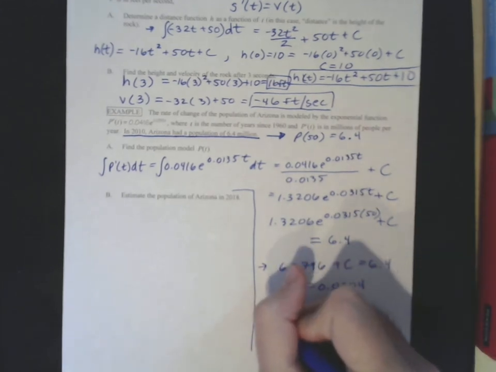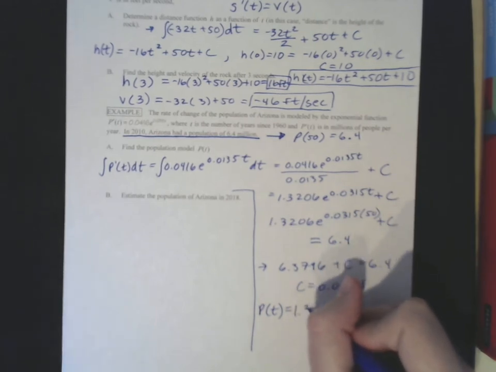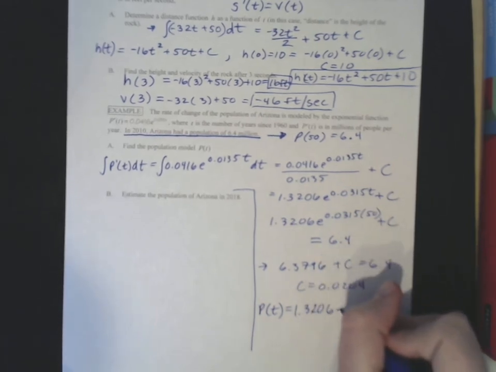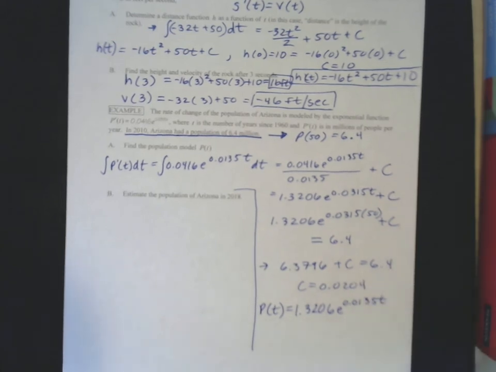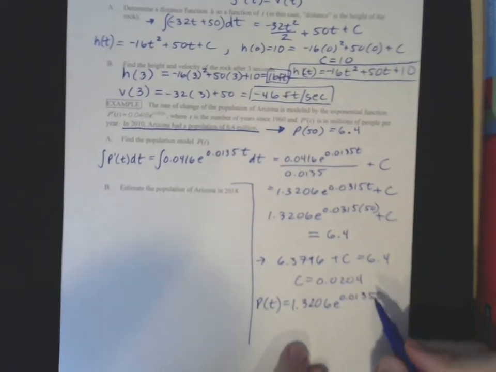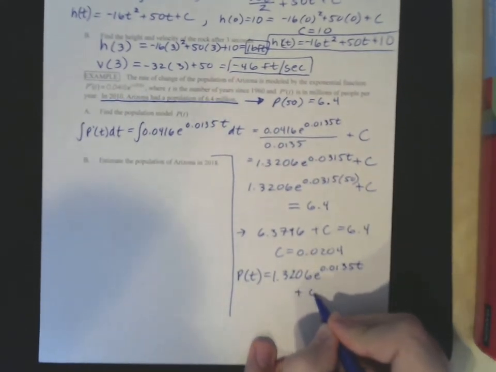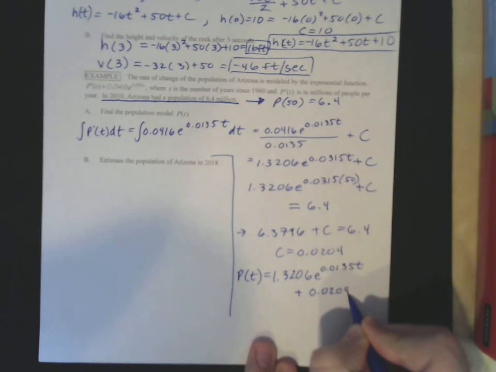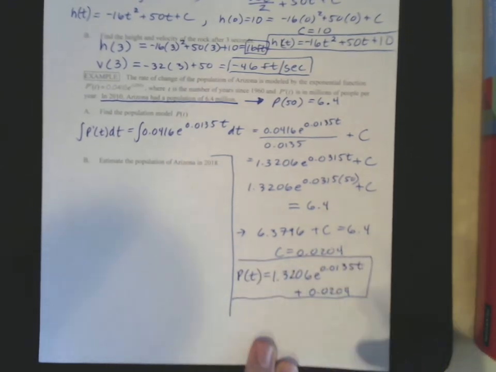So our final model, p of t, is 1.3206 e to the 0.0135 t and then plus, I should have written smaller, 0.0204. And so that is the model for part A.